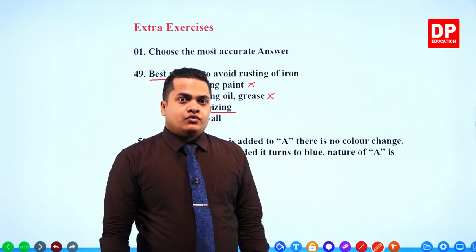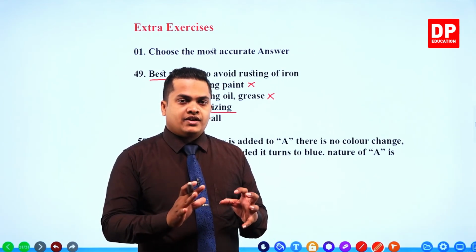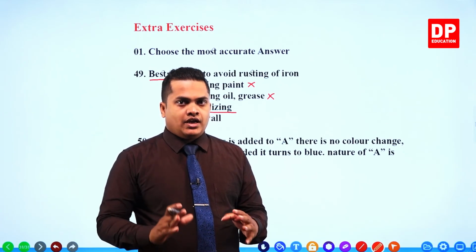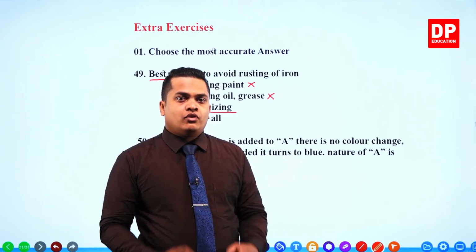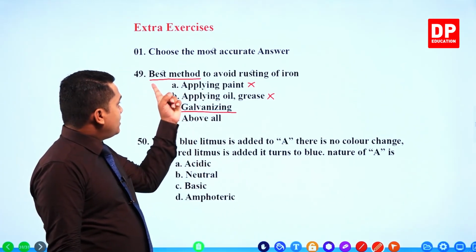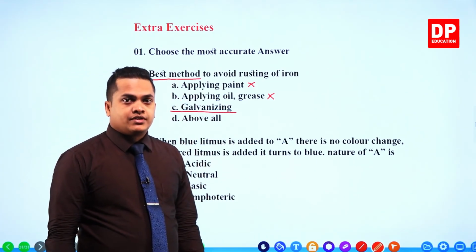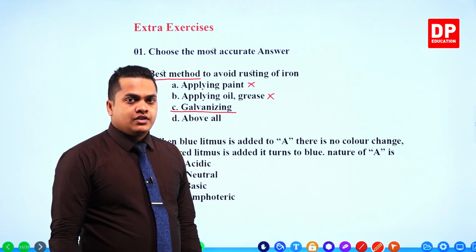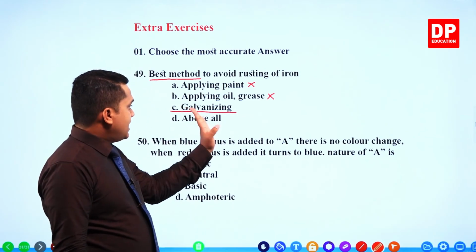Most of you may get confused with this question and go for the above all response. But they are asking about the best method, my dear children. So if they are asking about the best method, the correct response would be galvanizing.